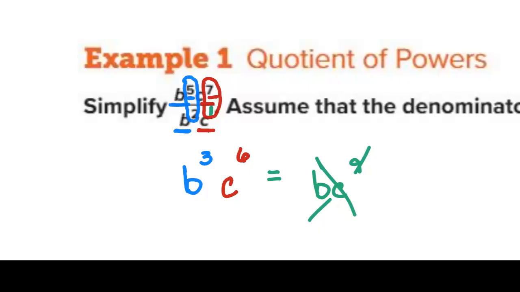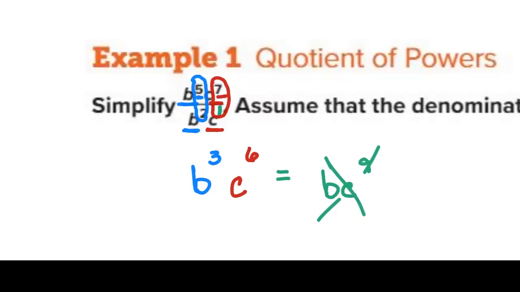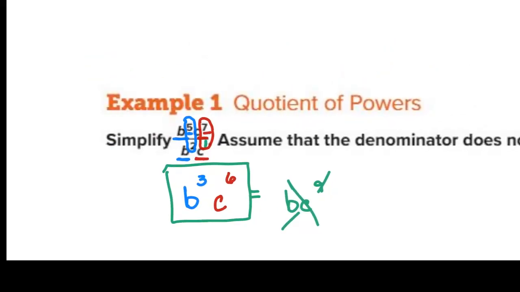Why can't I do that? Are they the same base? No, so you have to keep those separate, okay? They have to be the same base when you are multiplying powers or when you're dividing powers, all right?